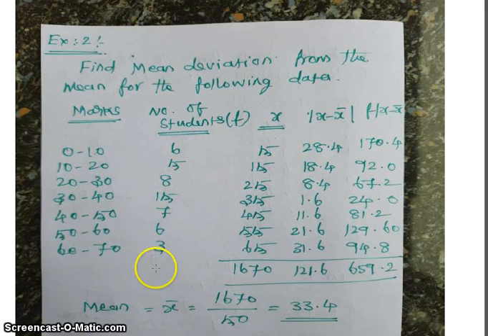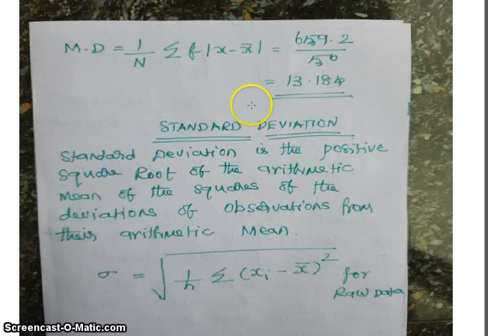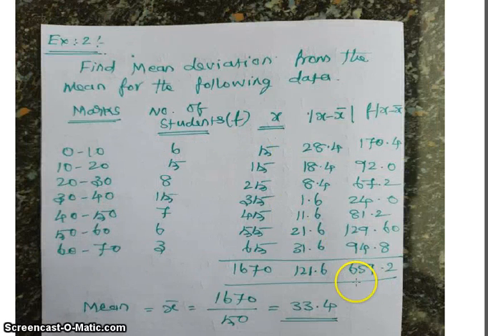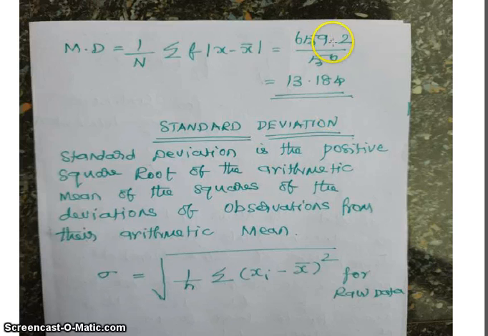Here the total N, if you add all these values, is 50. And the summation of f into x minus x bar, if you add all these values, is 659.2. So 659.2 divided by 50, you will get mean deviation 13.184.